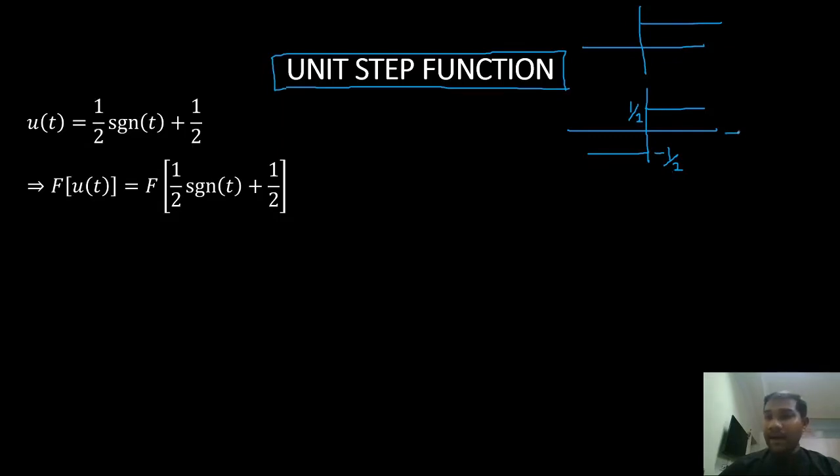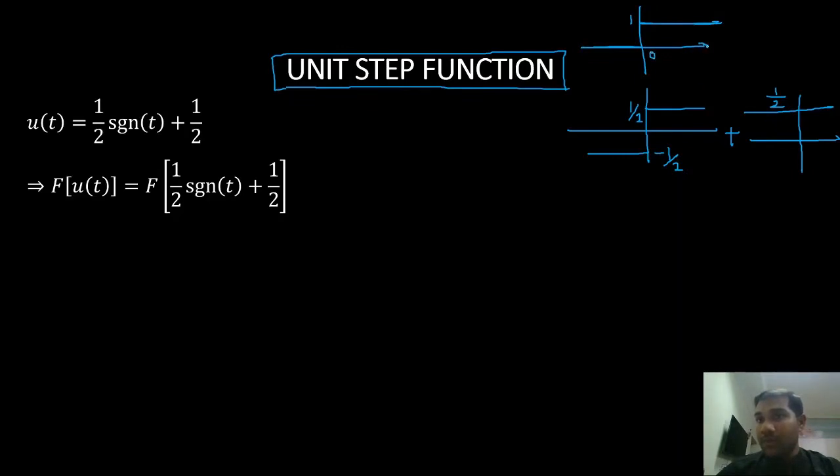Now if I add a constant signal to it, let me say half, the amplitude half, what will I get? For the positive side, the first signal is 1 by 2 and the second signal is also 1 by 2, so it is 1. For the negative side, it is minus 1 by 2 plus 1 by 2, so it becomes 0, right?